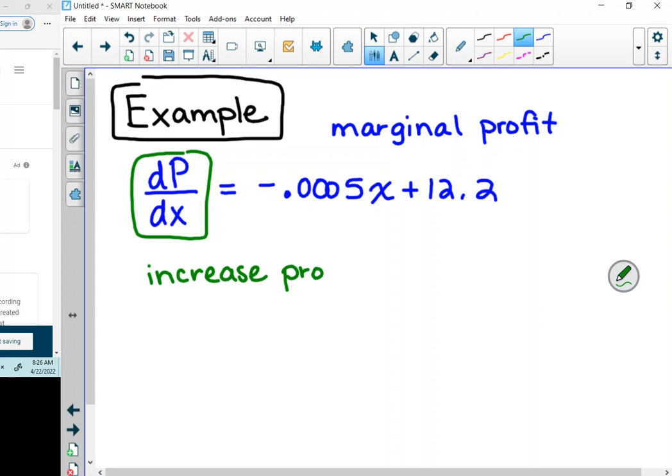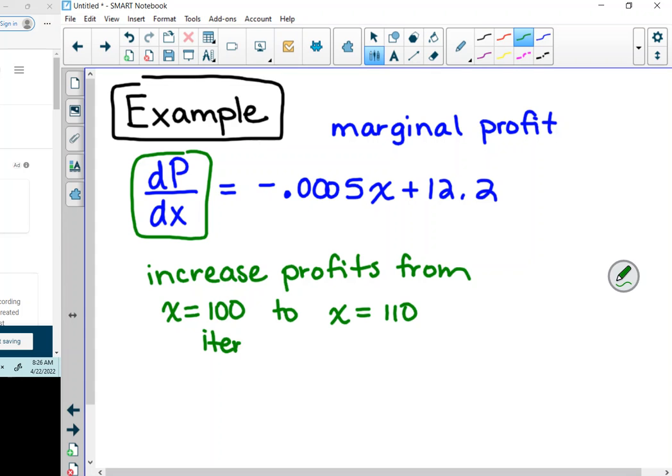I want you to calculate for me, given that this is the marginal profit, what will be the increase in the profits from manufacturing and selling 100 items to 110 items.